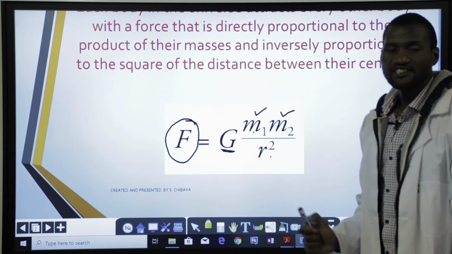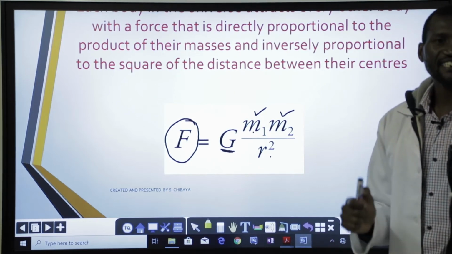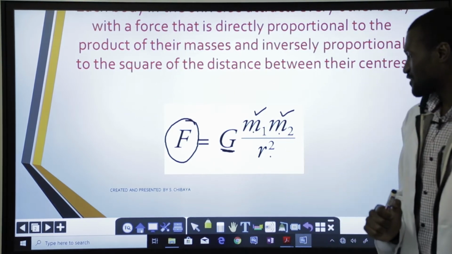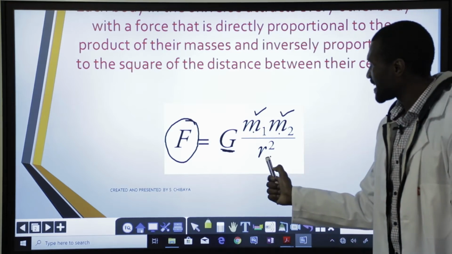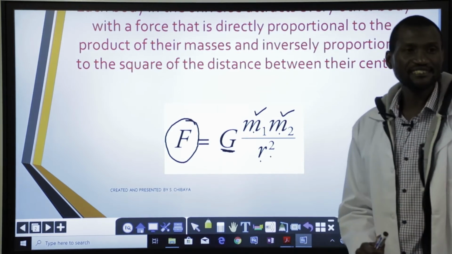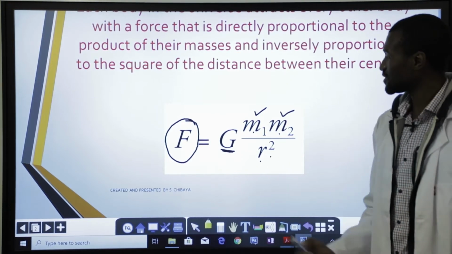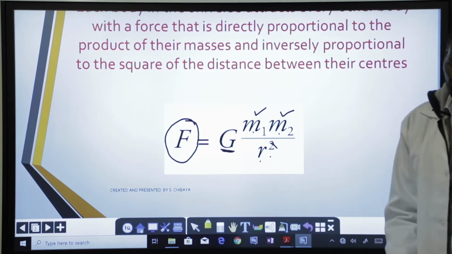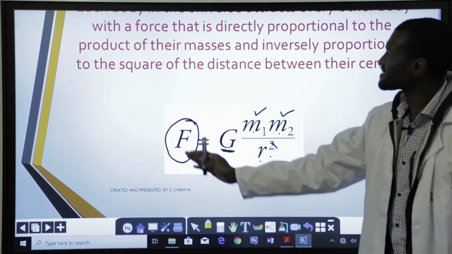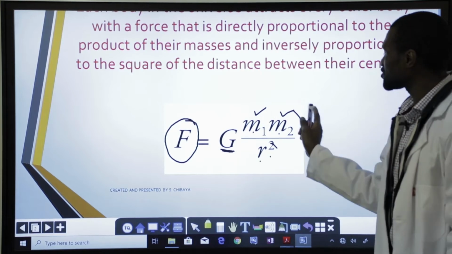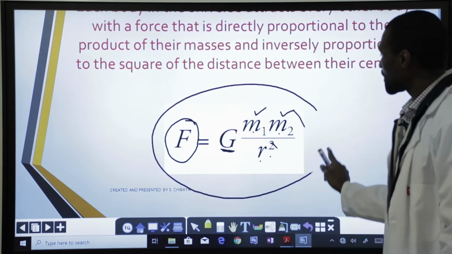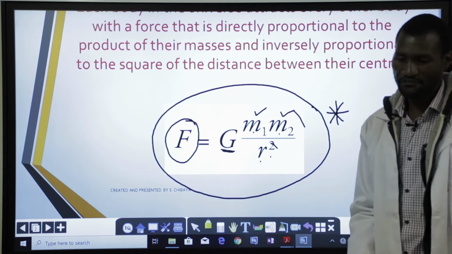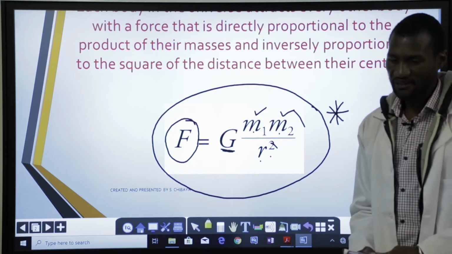The mass should always be in kilograms, the second mass also in kilograms, and the distance between their centers, which we are calling r, should be in meters. So this is the equation that we need to play around with when we are talking about Newton's law of universal gravitation.